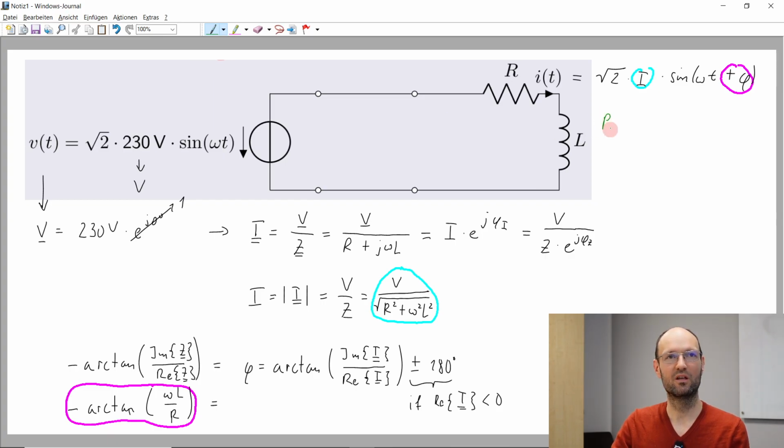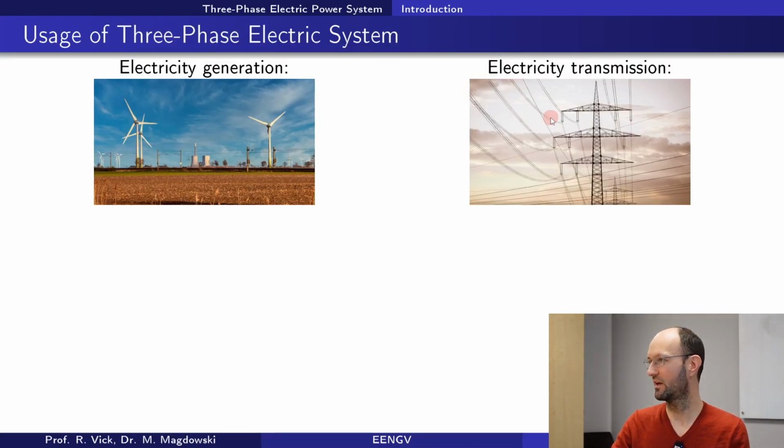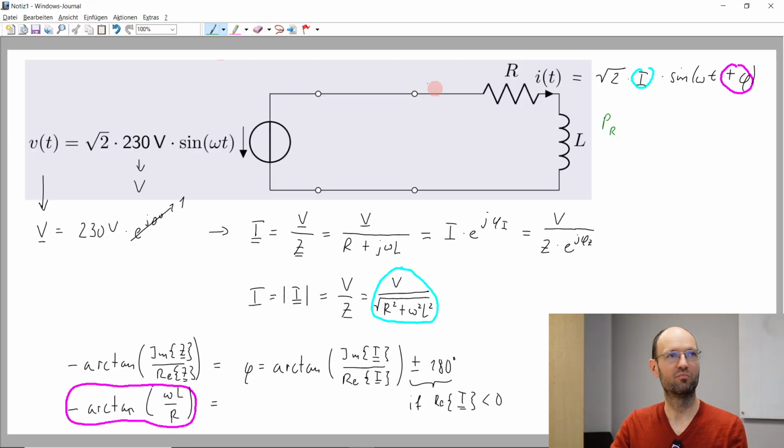If we want to calculate the power dissipated in this resistor, because every cable will also act as a resistor, some additional resistance, right? This is the wire, this is our power plant, this is our industrial facility, or our households, or a village, or a city. This is our load, and in between we have these overhead transmission wires, and the wire also has some resistance.